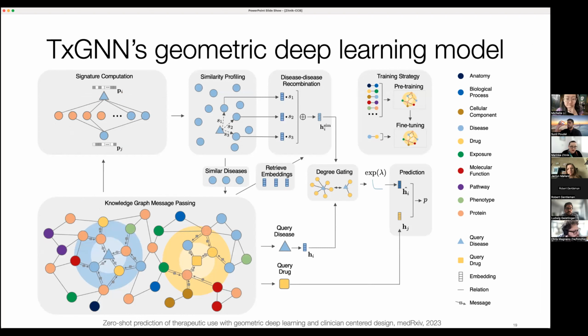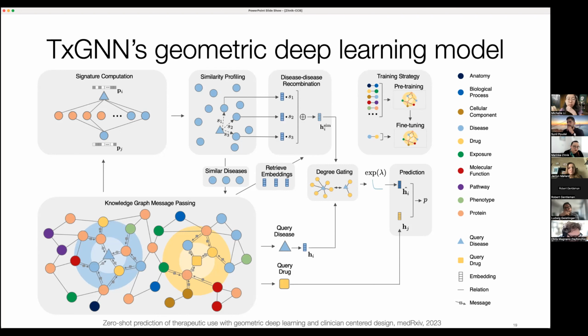It's a graph neural network, which is a type of model that falls under the broad scope of geometric deep learning models. It starts in the bottom left part of the slide with a neural message passing strategy trained on the knowledge graph. The purpose of that neural message passing strategy is for the neural network to learn an effective way to propagate latent representations, or embeddings, along the edges of those graphs.